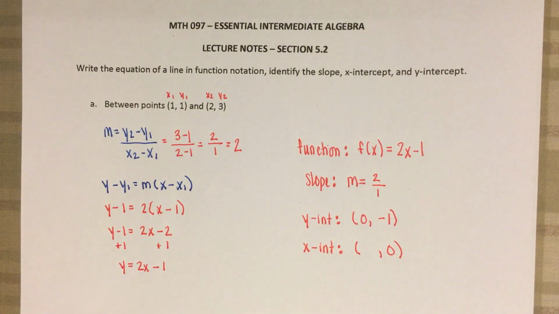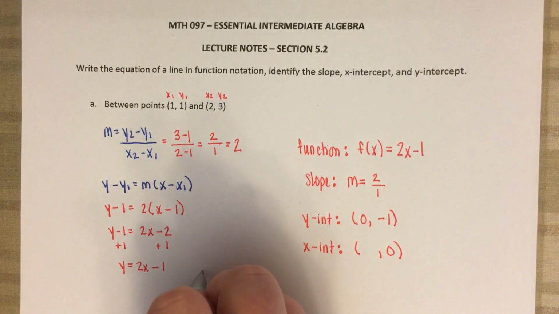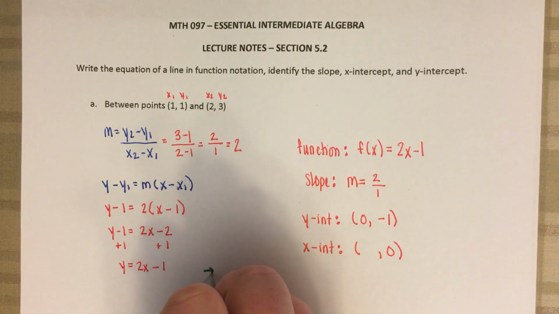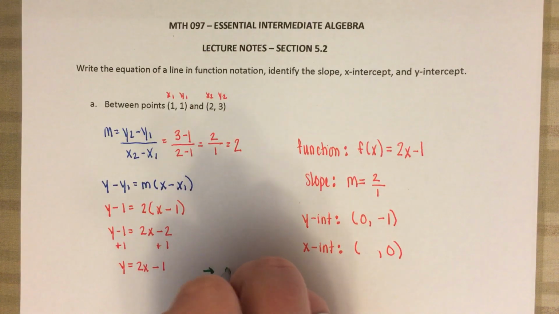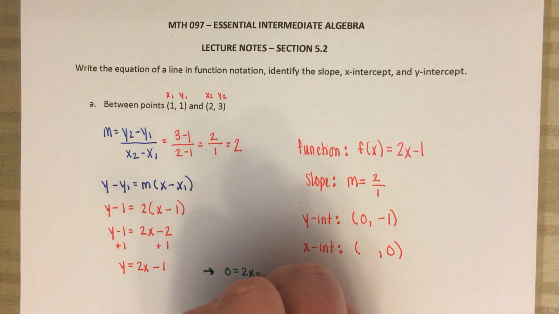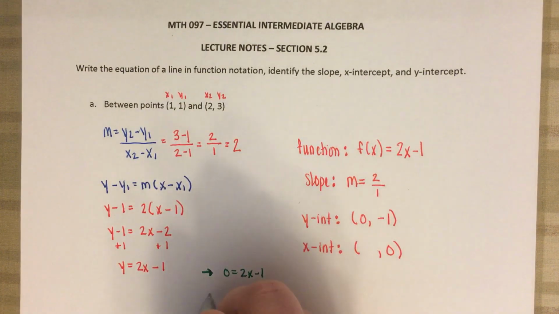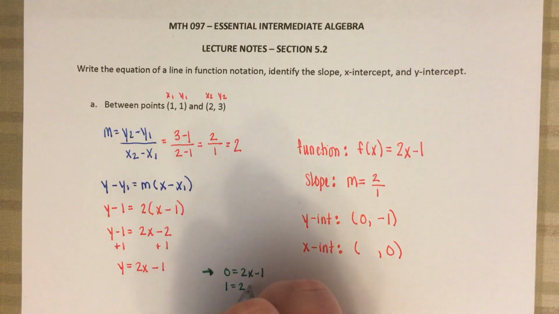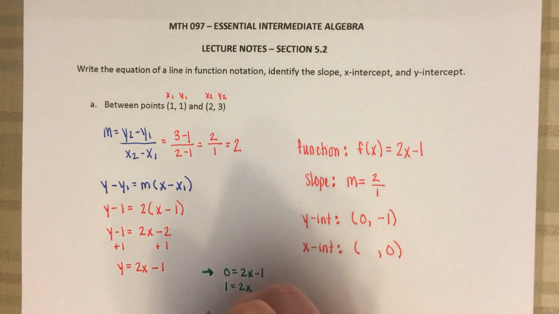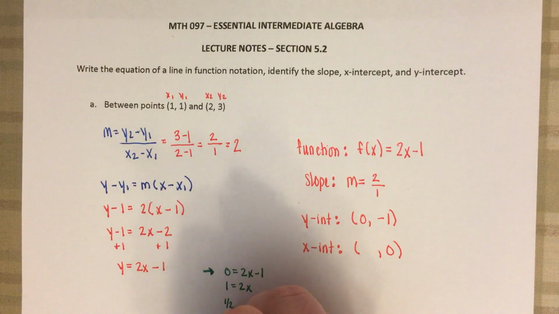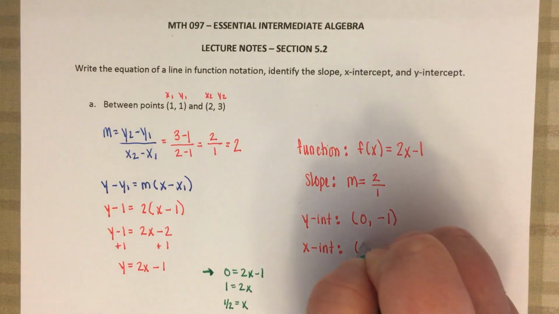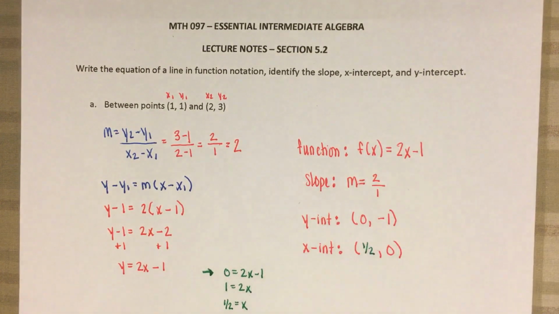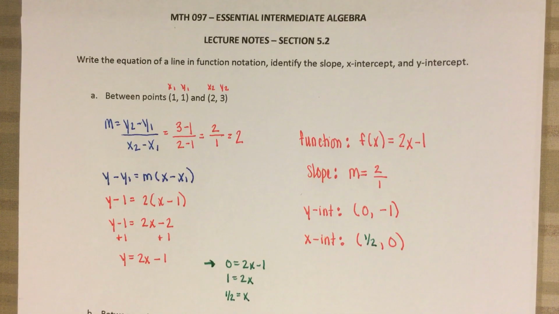So to find our x-intercept, I'm going to go back to this equation over here and use this. 0 equals 2x minus 1. If I add 1 to both sides, 1 equals 2x. Divide both sides by 2. x equals 1/2. So there is our x-intercept.